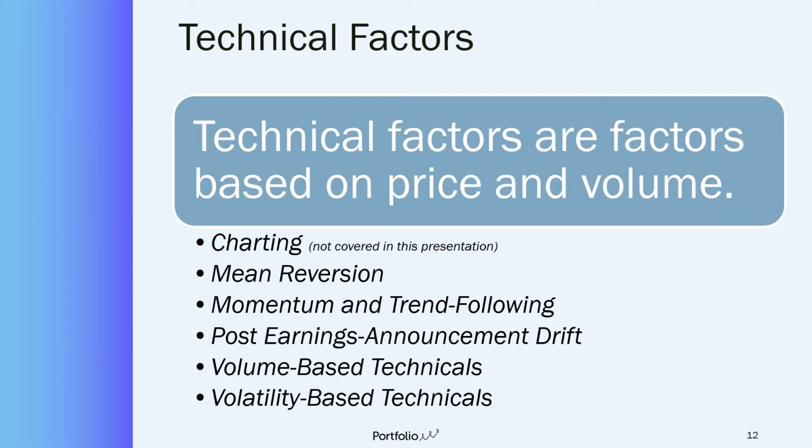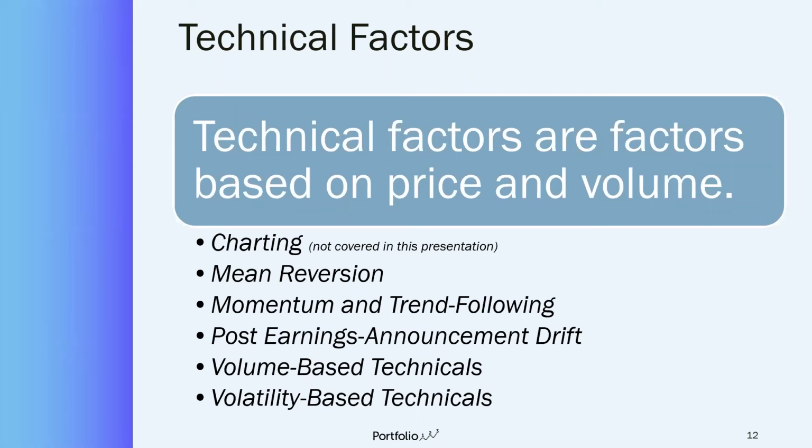Momentum and trend following are basically very similar. That's a third. Post-earnings announcement drift is not usually considered a technical factor, but it is. And there are volume-based technicals and volatility-based technicals. The volatility-based technicals we will leave for a discussion when we cover low volatility and stability.